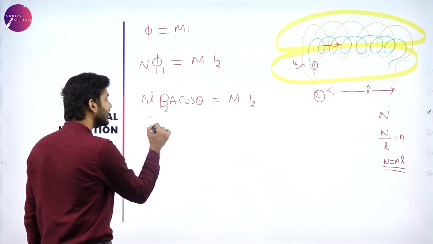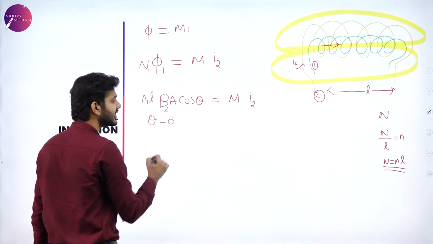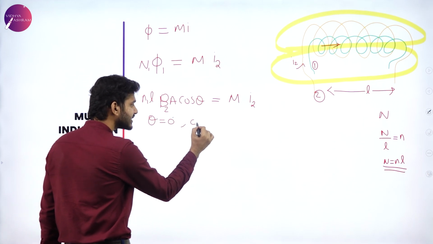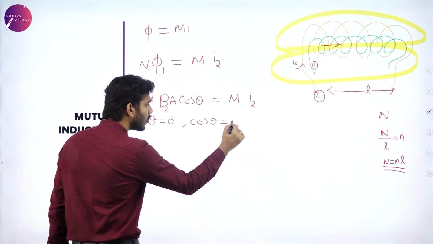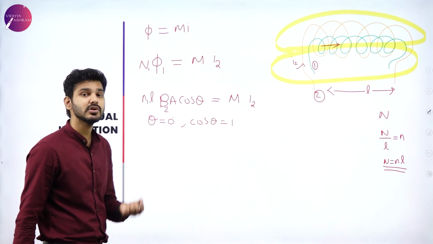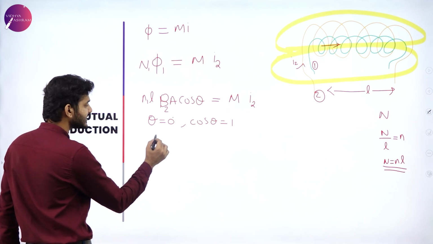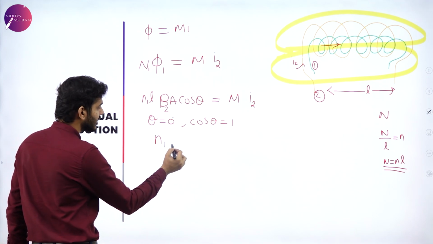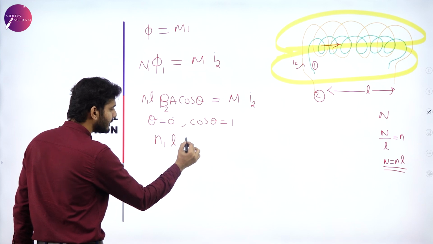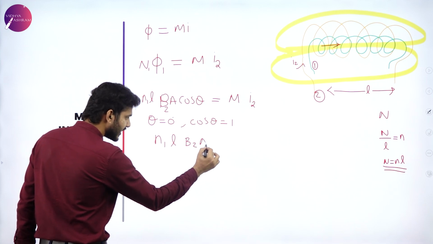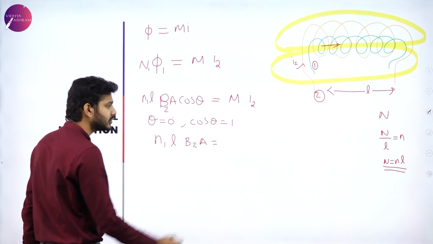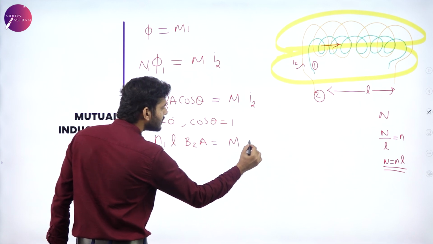Theta is equal to 0 degrees, which means cos theta is equal to 1. So we can write it down again as N1 L into B2 into A will be equal to MI2.